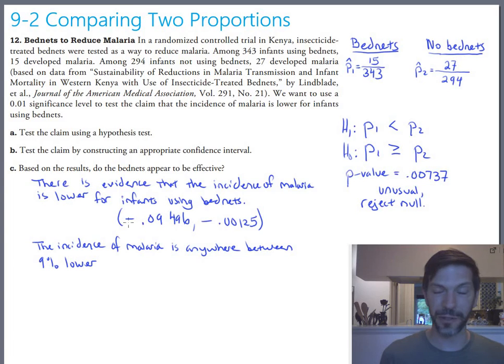It says group 1 is smaller. Anywhere between 9% lower and, again, move that decimal place over, 0.1%. It's still negative, so it's still lower. It's lower with bed nets.